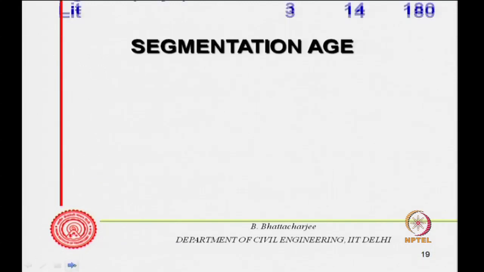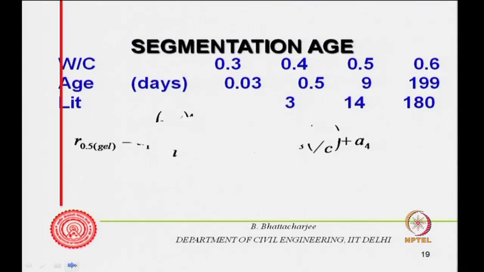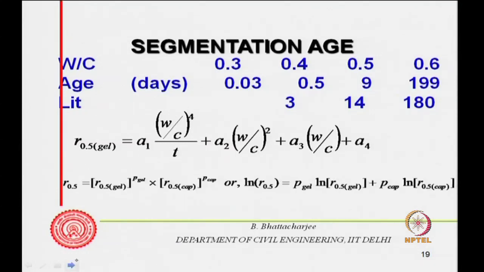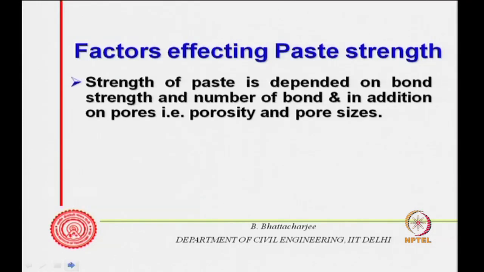R 0.5 for the gel pores can also be related to water cement ratio and age. Using this kind of model, one can calculate the segmentation age. If you remember, we talked about curing, and the theoretical and estimated segmentation age seem to match somewhat. Anyway, that is not my concern.